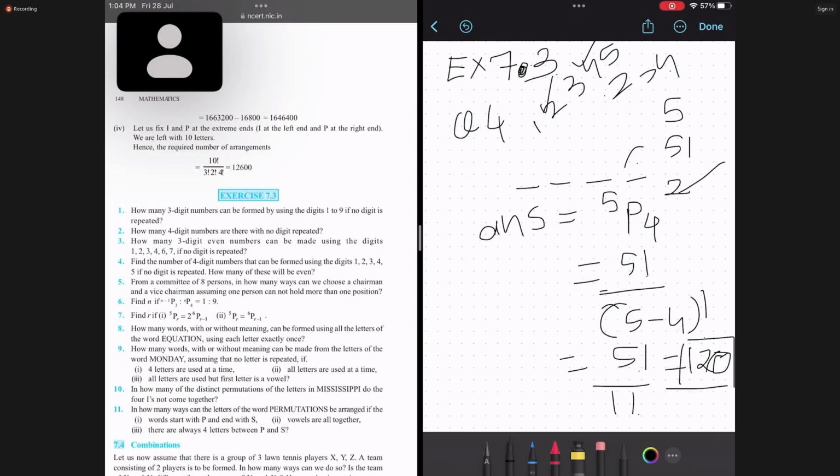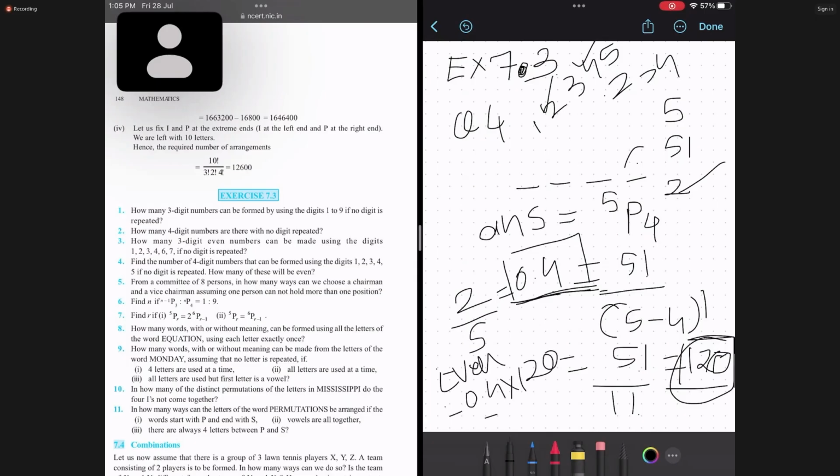So the probability that the number we generate is even is 2 upon 5, which is 0.4. Now that you have this fraction, you multiply 0.4 by the total number of generated numbers. So even numbers would be 0.4 into 120, and that is 48.